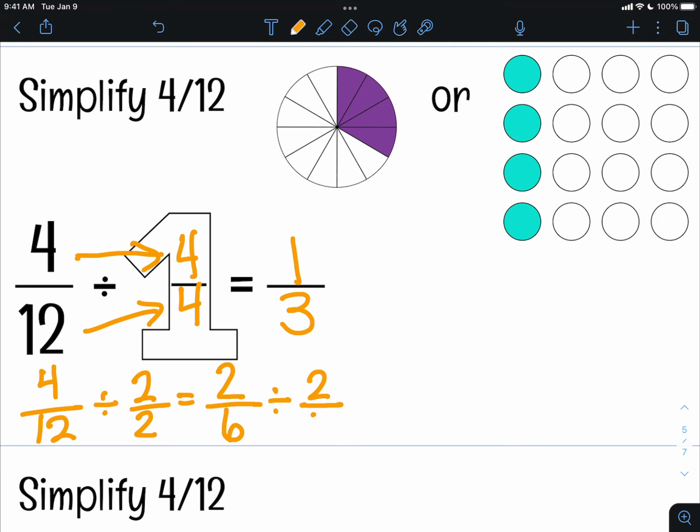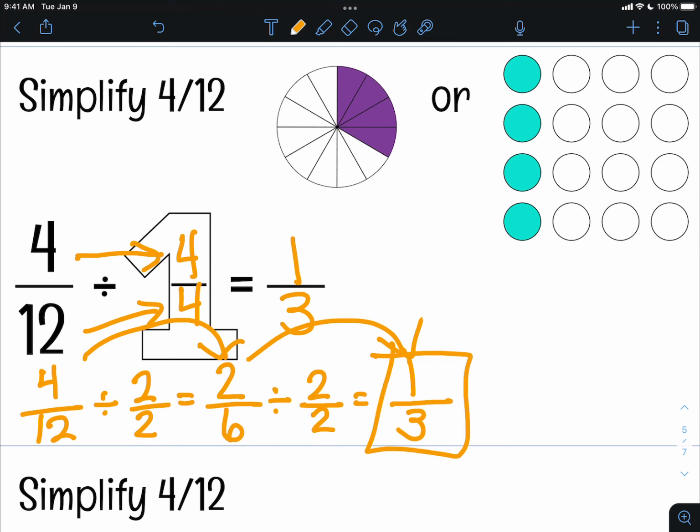So we're going to just repeat this one more time. 2 divided by 2 is 1, and 6 divided by 2 is 3. So 4/12 is equivalent to actually 2/6 and 1/3. But when we simplify it, we want to use the smallest digits possible, which is why we're going to have our answer be 1/3.